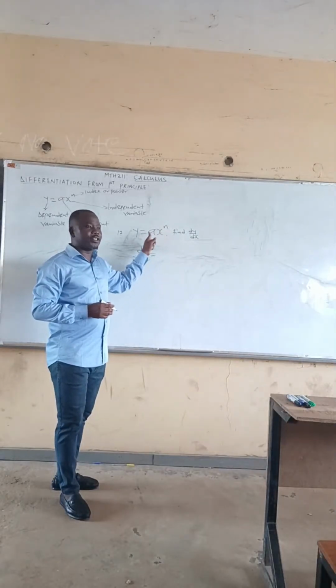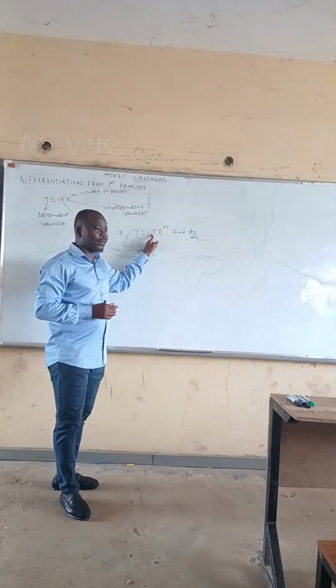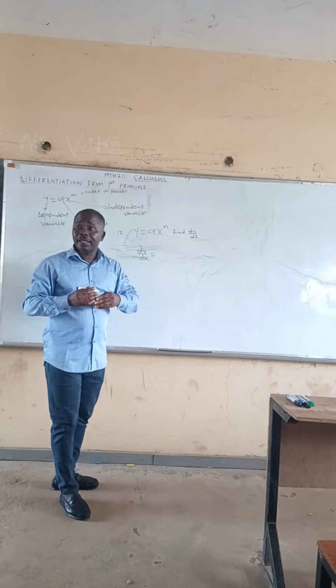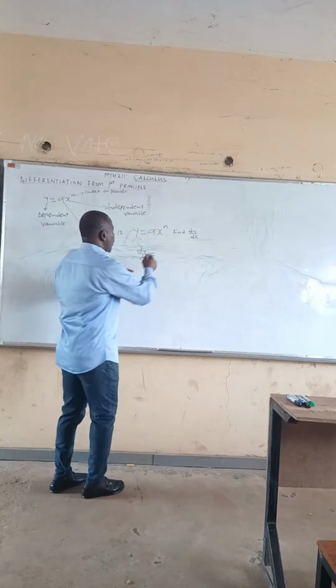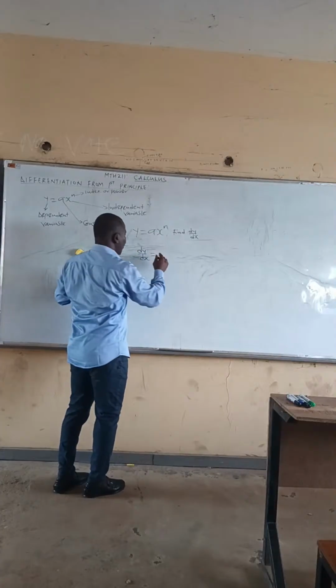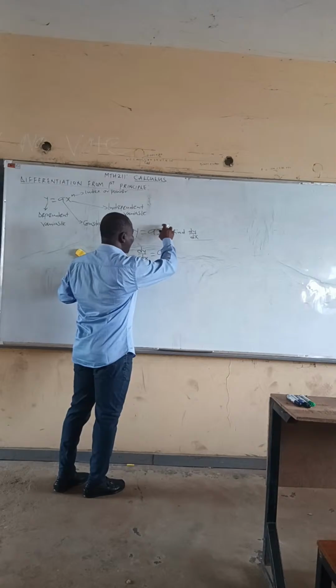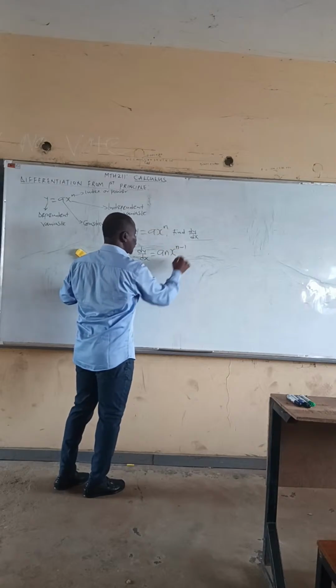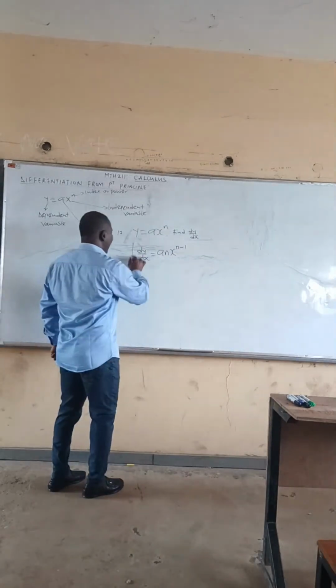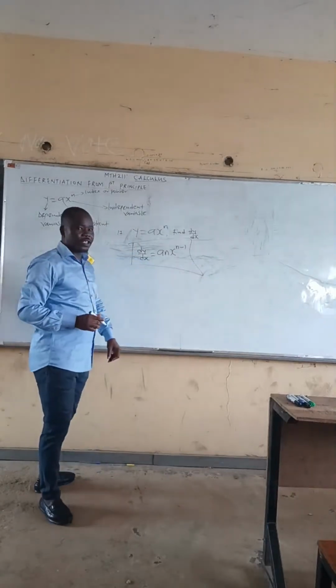If you use n to multiply a, you have na or an. And we have x here, so it's going to be an x raised to the power of n minus 1.